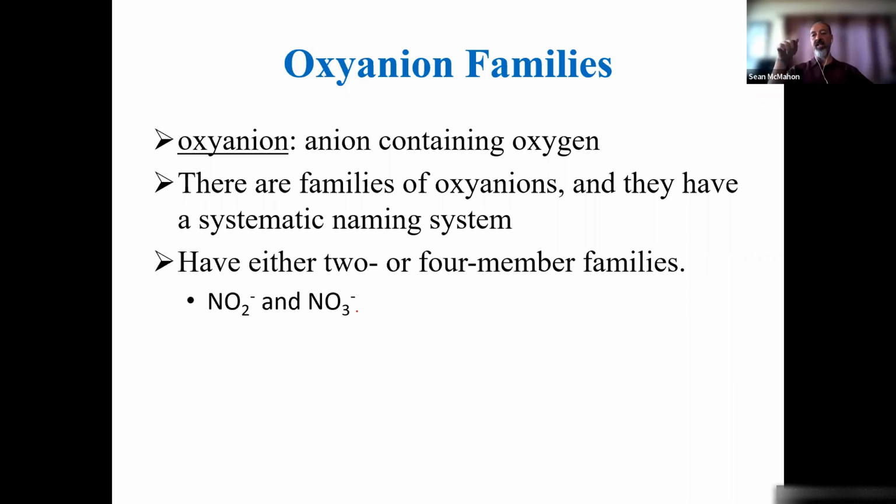So I have nitrite and nitrate. Or you have the 4 member families where now there's 4 oxyanions with different ratios of oxygen to the nonmetal. All of these are derived from the nonmetal chlorine. So if I just go in order from left to right, hypochlorite, chlorite, chlorate, and perchlorate.